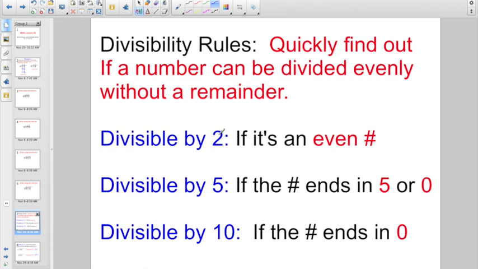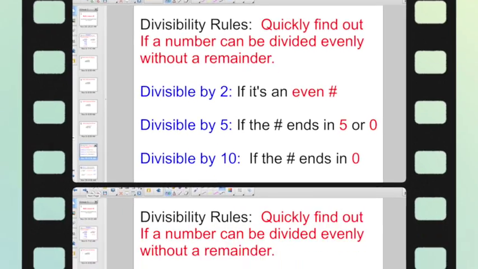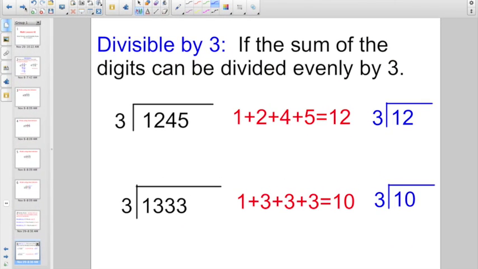Just to review, any number can divide by 2 if it's an even number. You can always divide evenly by 5 if it ends in 5 or 0. And a number is always divisible by 10 if the number ends in 0. That part's review. Here are the new ones.